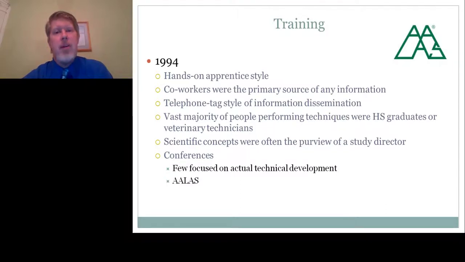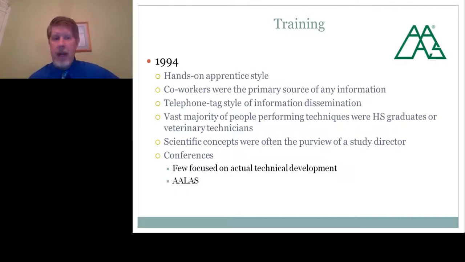Most of the time, if you had a more advanced degree, you were overseeing the studies or designing the studies, but you weren't working on the studies. Maybe you did that in school as part of your degree, but you got out of that when you started. And so that meant that the scientific judgment on a study tended to be in the hands of the scientist overseeing the project, the study director, if you will.